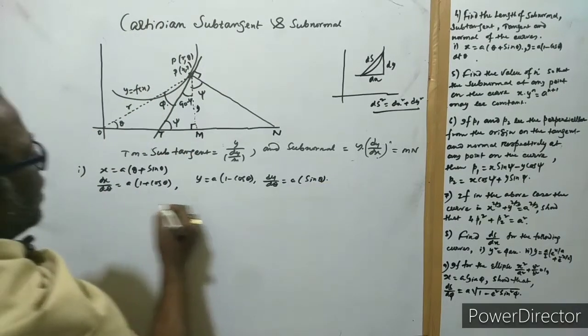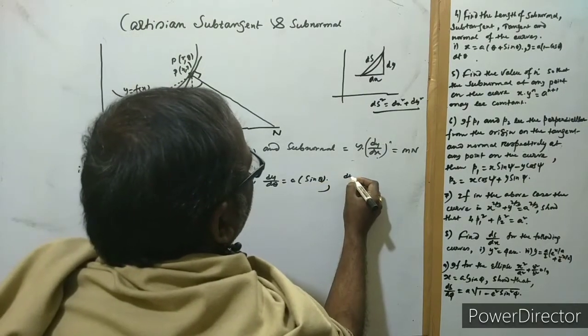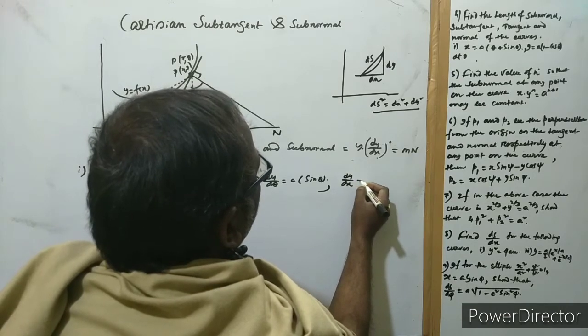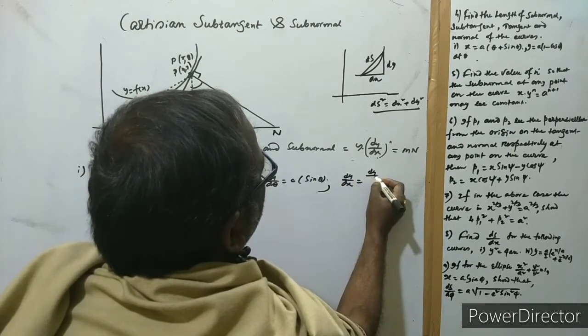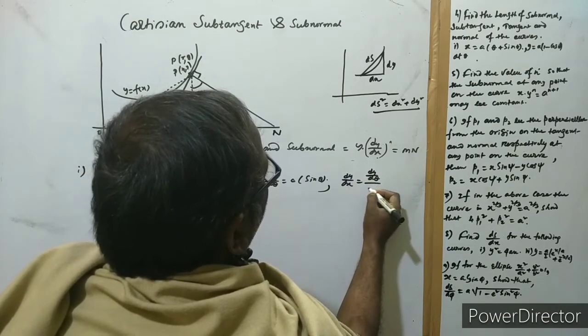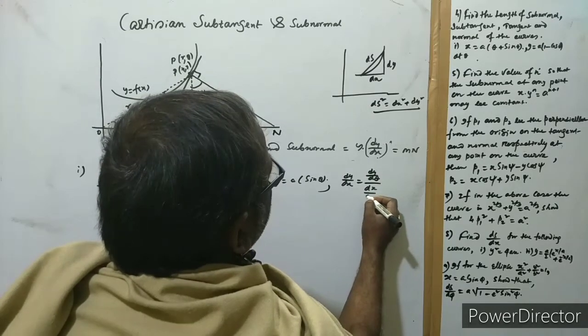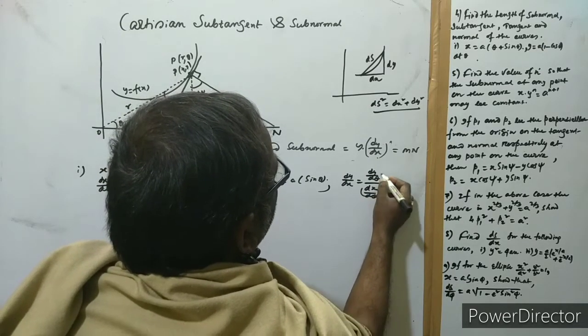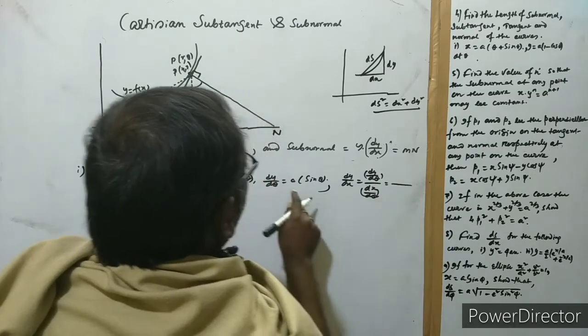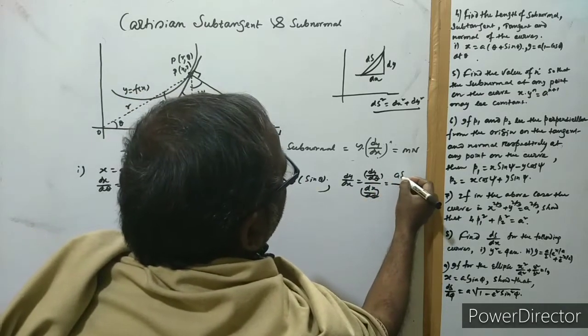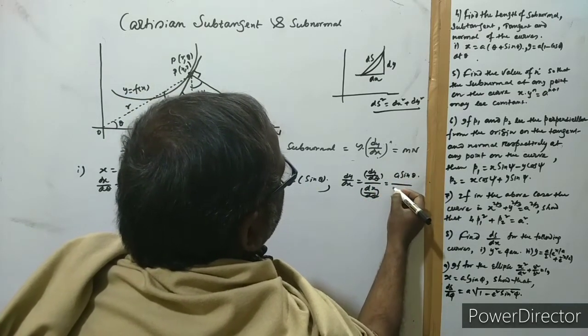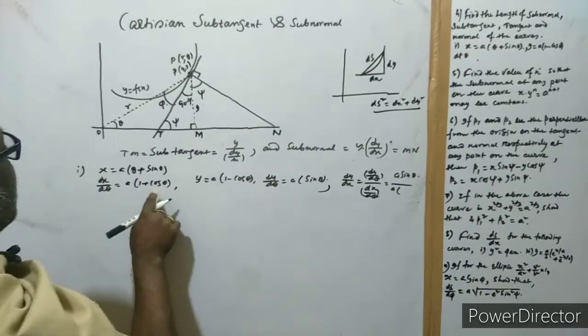Now find dy by dx, that is dy by d theta over dx by d theta, which is a sine theta over a into 1 plus cos theta.